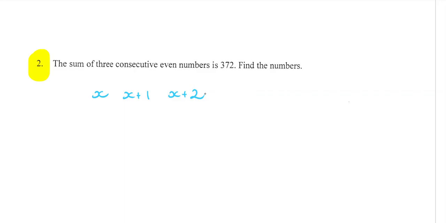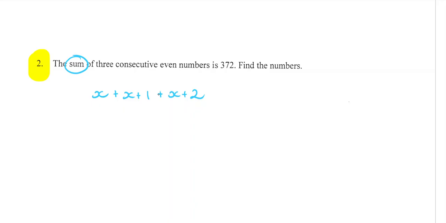They are my 3 numbers. The first number is x, next one is x plus 1, and the next one is x plus 2. 3 numbers that are just getting 1 bigger each time. Now the question says that I want to sum those 3 numbers. So I'm just going to put plus signs in here and here to add the 3 things together.